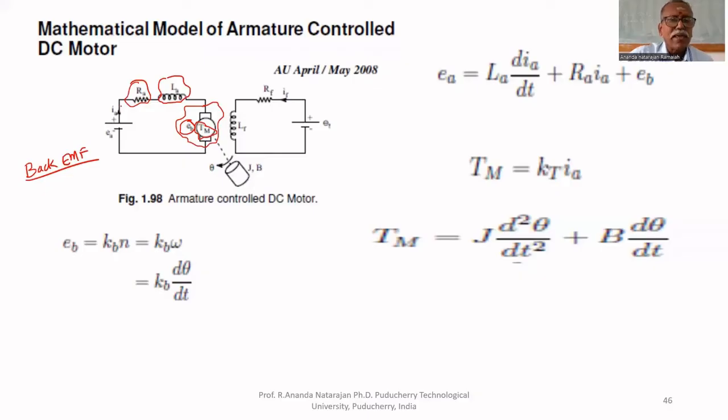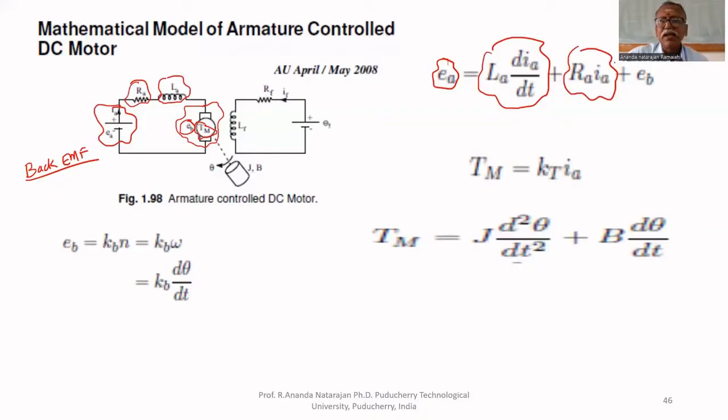Therefore, if you apply a voltage EA across this armature, there is a drop in the coil, that is LA dIA by dt, and a drop in the resistance of the armature coil, RA IA. And there is a back EMF which opposes the applied voltage. So three components are there. Normally for a coil, only two components. Since it is rotating in the magnetic field, there is a back EMF EB.